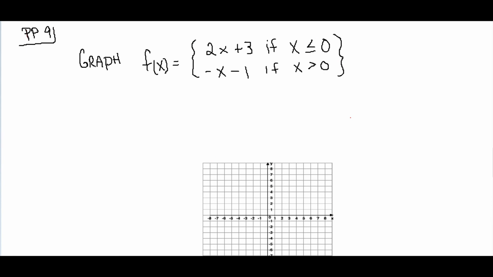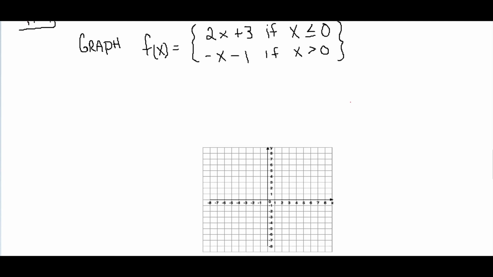All right, looks like they want us to graph this piecewise function. So let me see if I can get that in the graph. I'm going to use a T-chart to graph each of these. If x is less than or equal to 0, I'll use the 2x plus 3 expression.